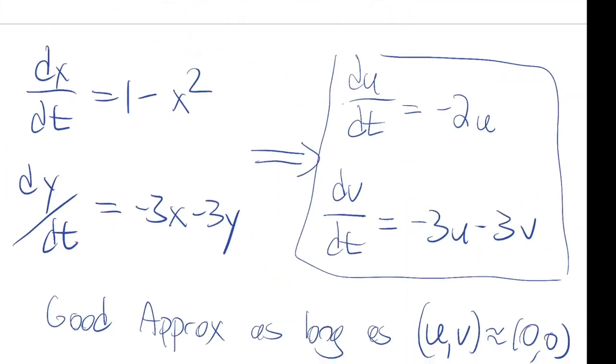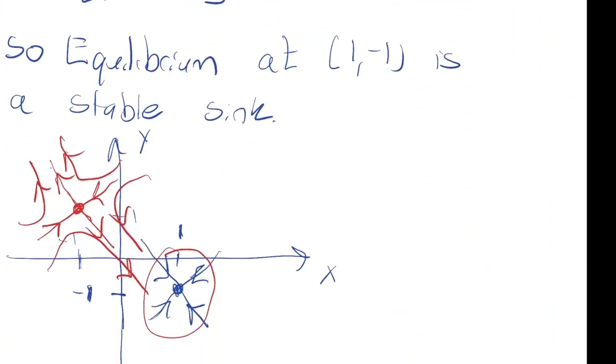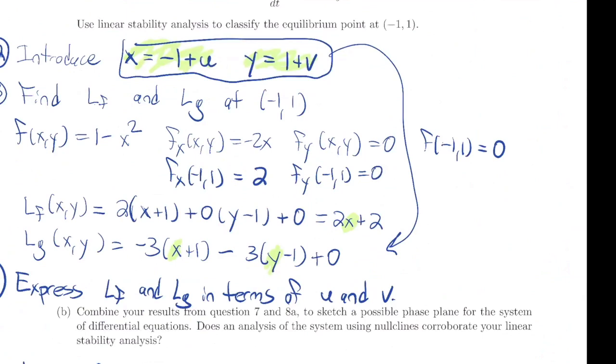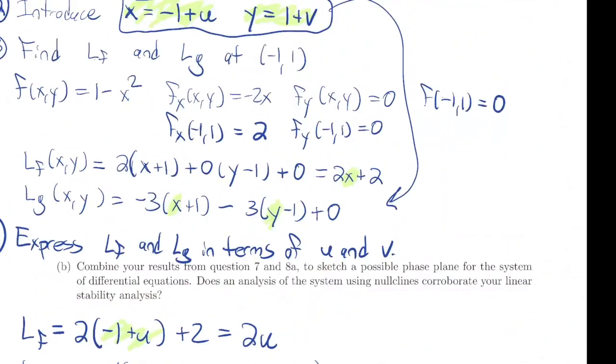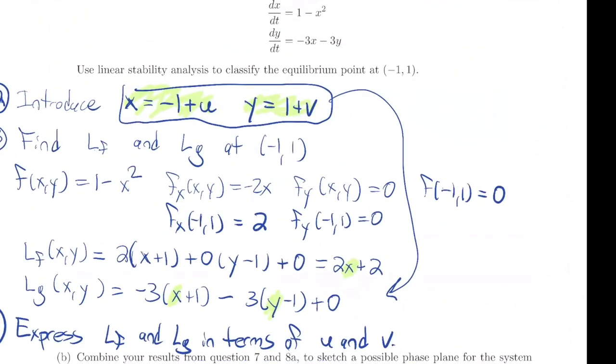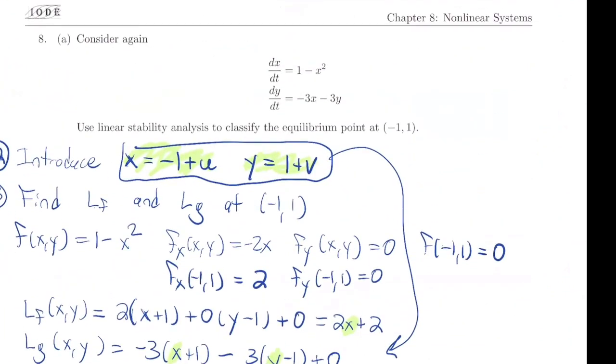So when you're doing these, like we did in this part over here, we could much more simply condense all of these steps into saying, here's our system. We're going to find the equilibrium. We're going to compute the Jacobian matrix of the system.